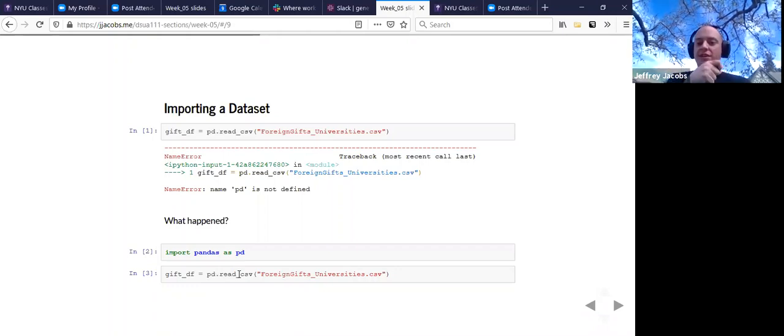The argument you give it is a string, and it is just the file name of the CSV file. This will work fine in this case where we have the CSV file in the same directory as the notebook that we're working in.